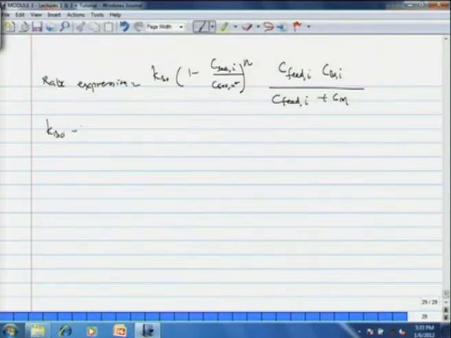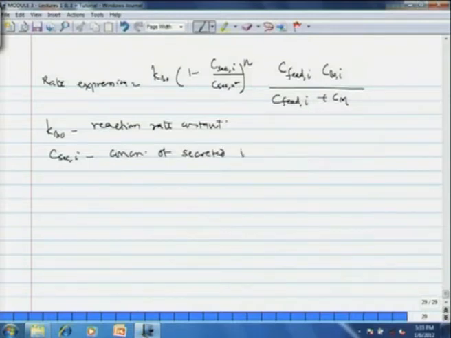K_BO, as I said, is a reaction rate constant. C_SEC,i is the concentration of secreted or product species, i product species. Then C_feed,i is the concentration of feed species.